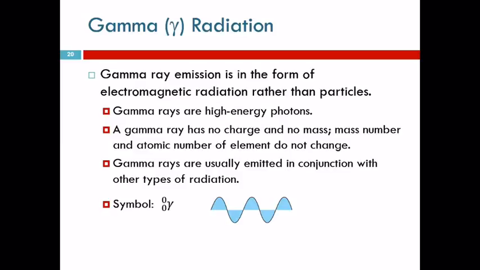So it has no charge, no mass, and so the element doesn't change. It's still the same element. We usually see gamma rays being emitted with other types of radiation. So here's the symbol, and it's a wave. It's not a particle, so there's no picture for it.